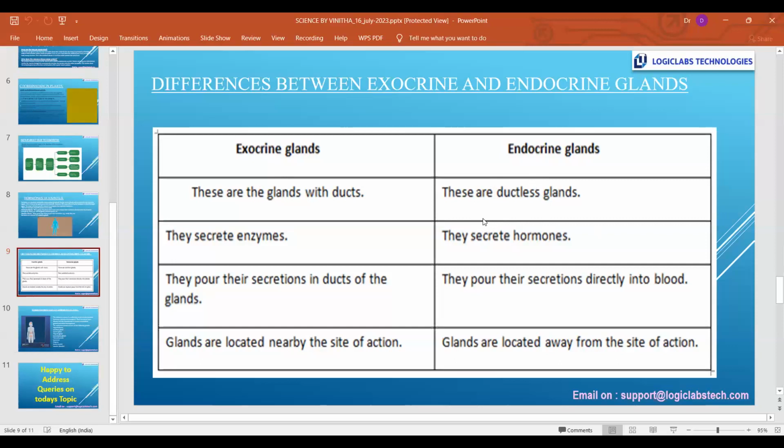The total body is disturbed. And then we can find many different disorders, for example, we have dwarfism. Gigantism means a person may grow more tall in height, or they may be very short in height. So this is what happens.